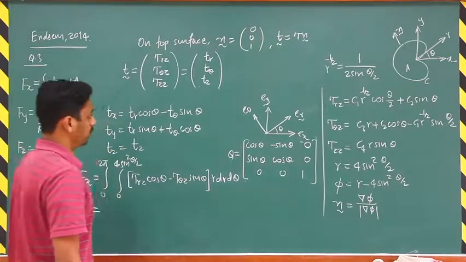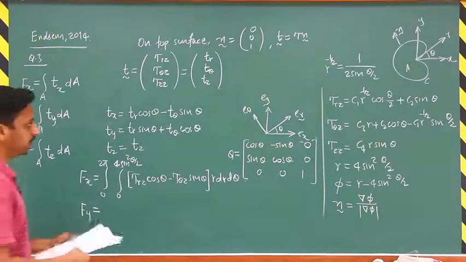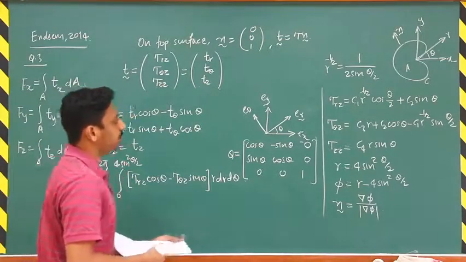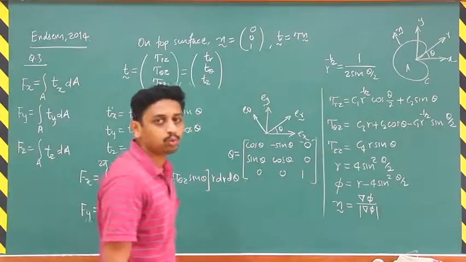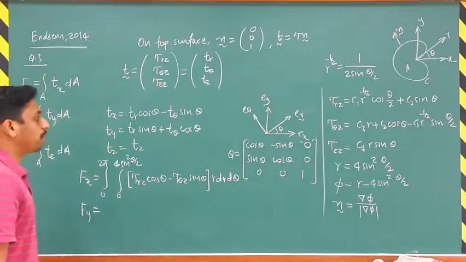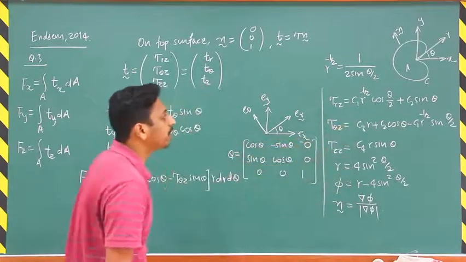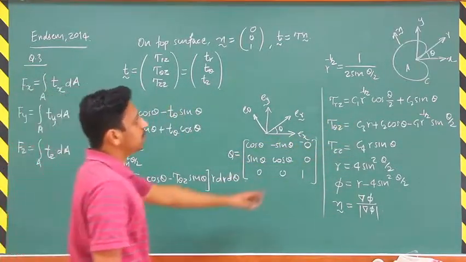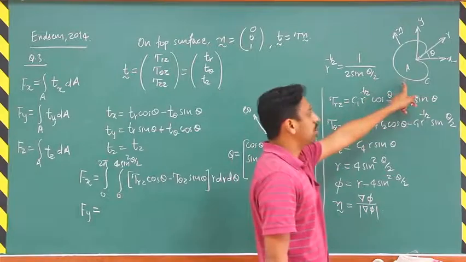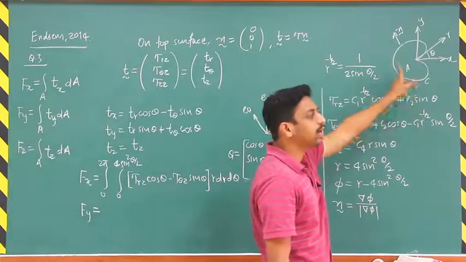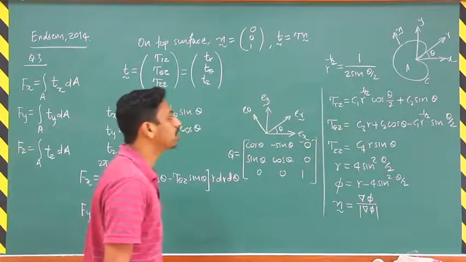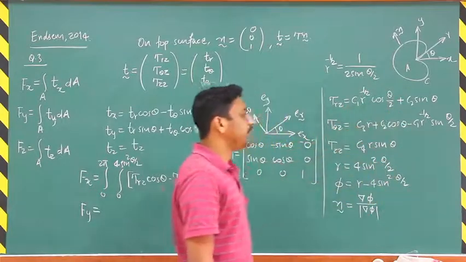So by using these relations, we can find the net forces acting in x, y and z direction on the top surface. So in a nutshell, in this problem, we are given the stress fields, and we have to make use of certain appropriate boundary conditions to find these constants. First of all, we have the traction free boundary condition on the lateral surface. From that we have got the relation between C1, C2 and C3.